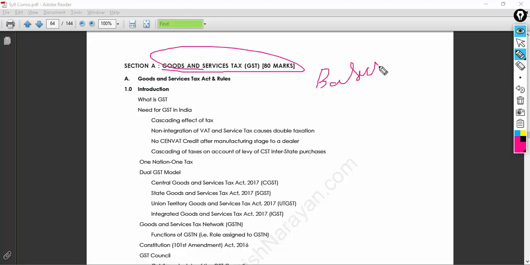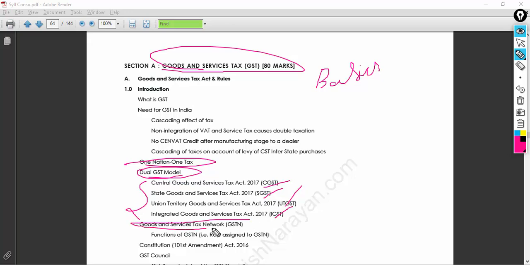You should know what is goods, what is service, what is the differentiation between these two concepts, what is a cascading effect, why it is called one nation one tax, why it is called a dual tax, and what are the divisions or sub-categories we have in GST, like CGST, that is Central GST, State GST, Union Territory GST, and Integrated GST, which need to be understood.